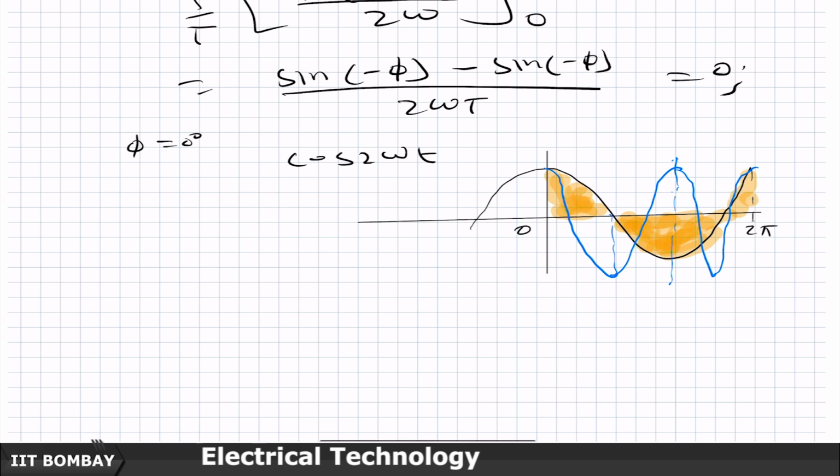This is a half cycle area, equal and opposite in sign. So the net sums out to be 0.